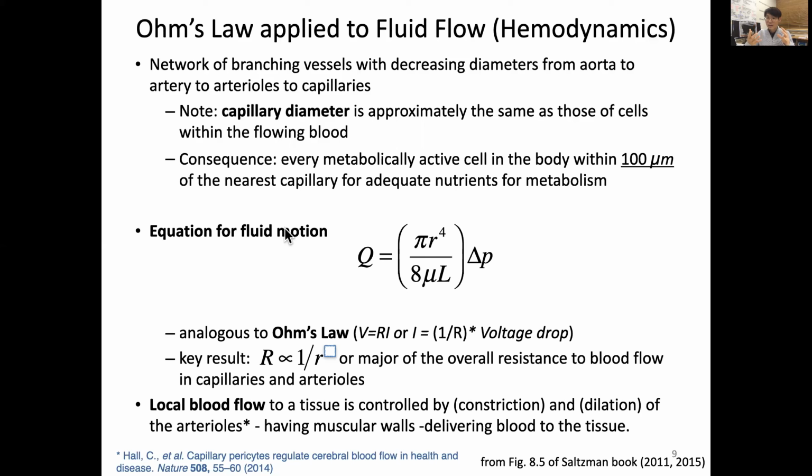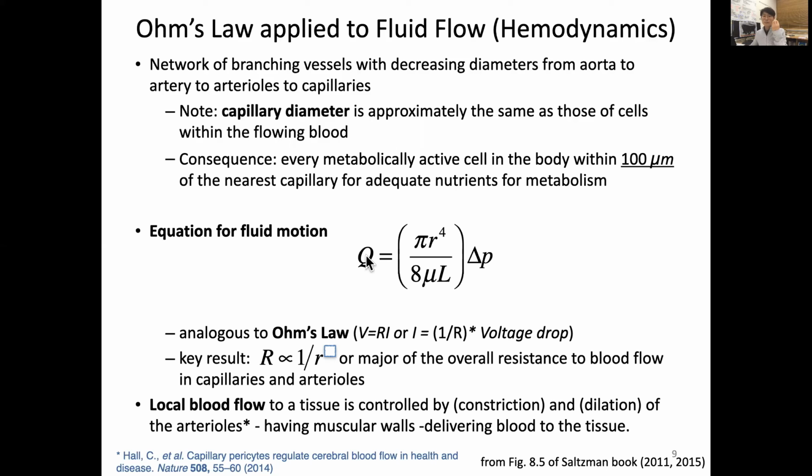You can apply this to derive the fluid version of F equals ma, which we call the Navier-Stokes equation, and you can solve it with a very simple geometry such as pipe flow. By solving that, we will get this.